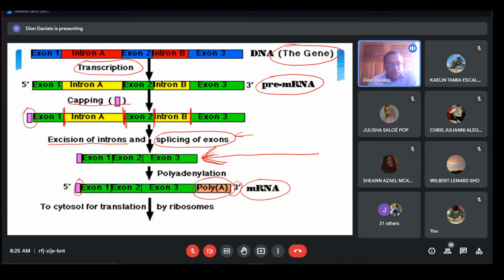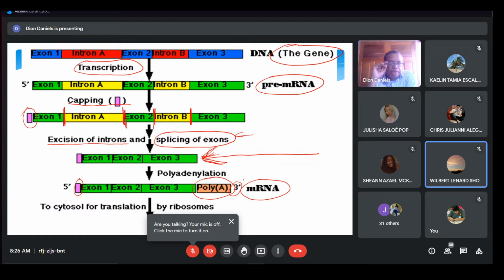So it has to wait until you obtain a mature messenger RNA whereby the ends have been capped and the introns have been excised. So in eukaryotes, once you end up with this mature messenger RNA, what we see here at the bottom, then this will find its way to the ribosome where it will start building that polypeptide. Okay. I'm not sure if that answered your question, Wilbert. Sir, yes, sir.